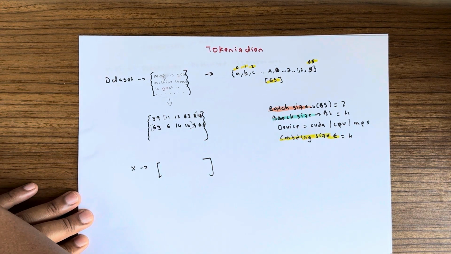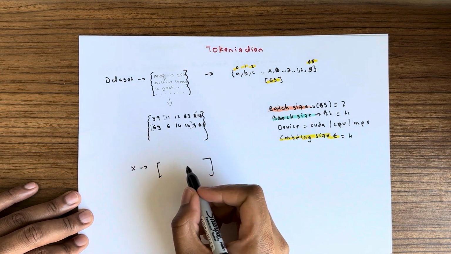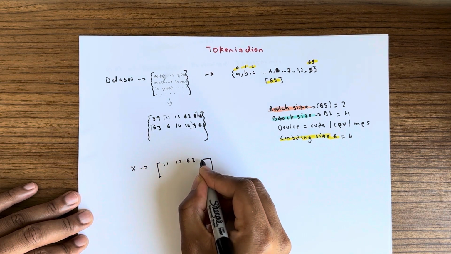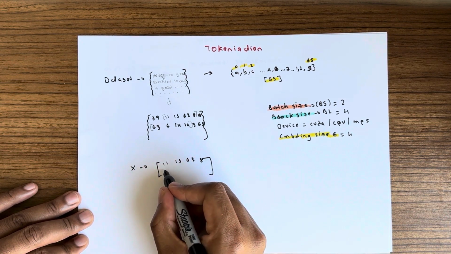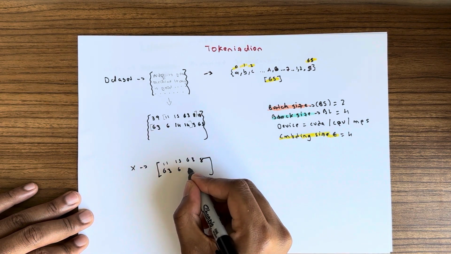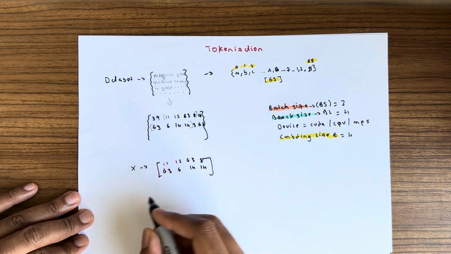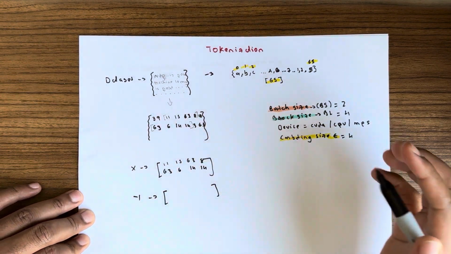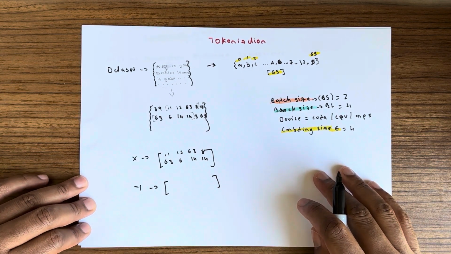Then our input X will be 11, 15, 63, 8, and 63, 6, 14, and 14. Then Y will actually be X, but shifted to the right.